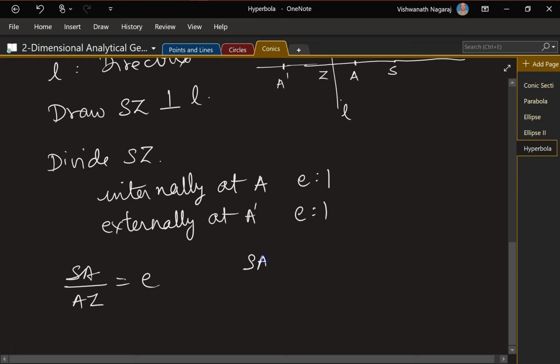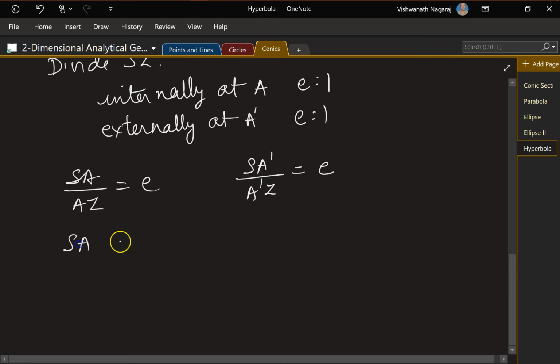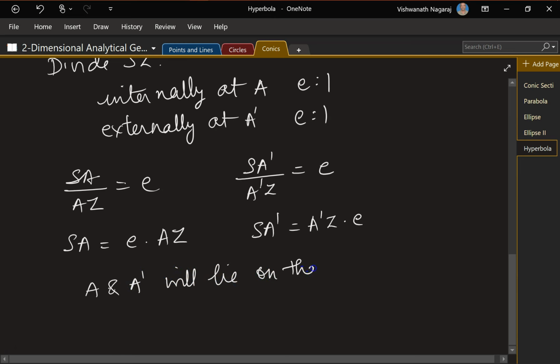Similarly, SA prime by A prime Z is equal to E. So this can be written as SA is equal to E times AZ, SA prime equal to A prime Z times E. Now, A and A prime will lie on the same side of the focus S. Why? Because E is greater than 1.